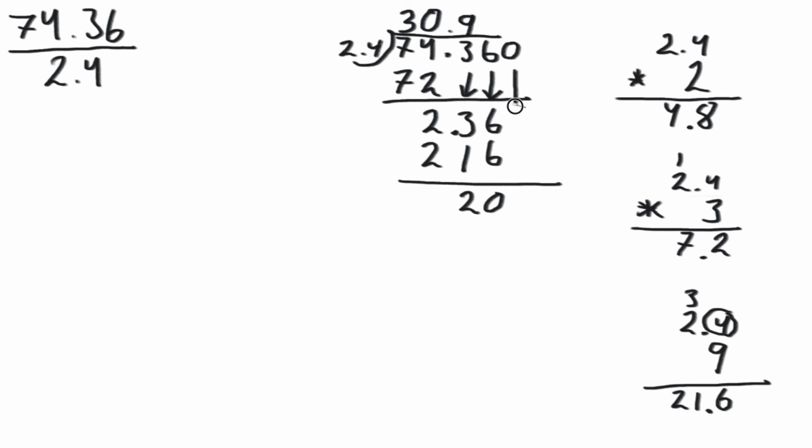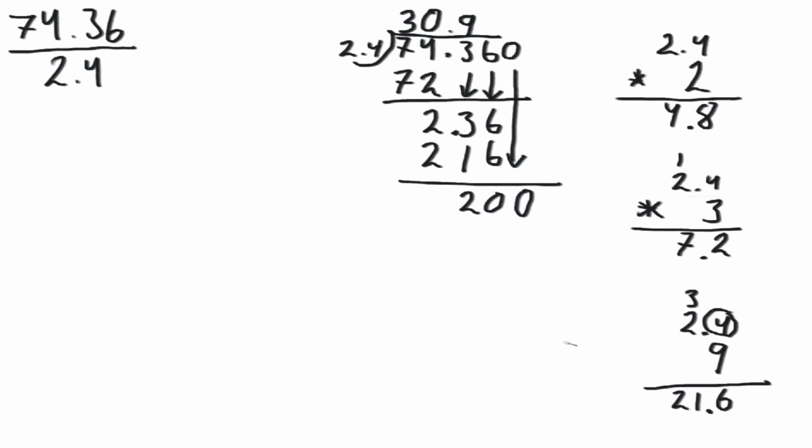So if we move the imaginary 0 down, then the question becomes, how often does 2.4 go into 20? And we see that 9 gives us 21.6, so that's too much.